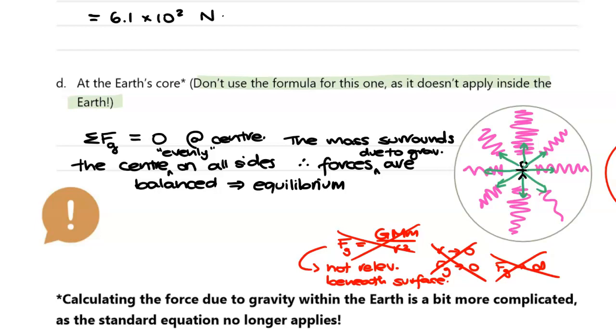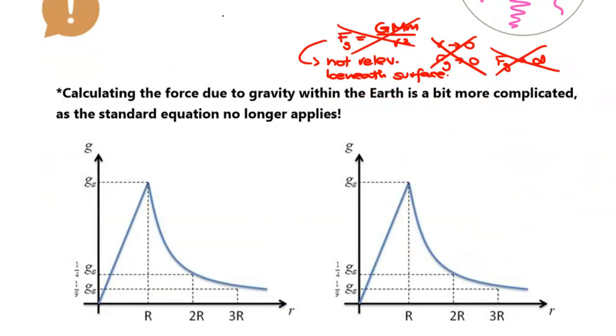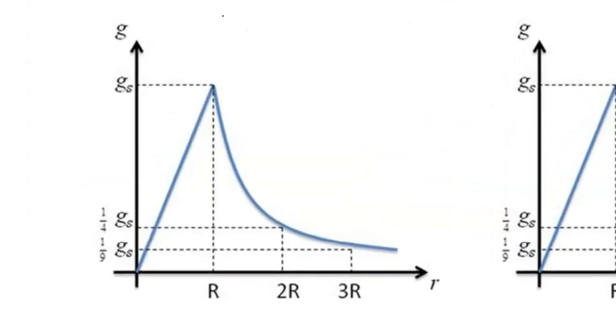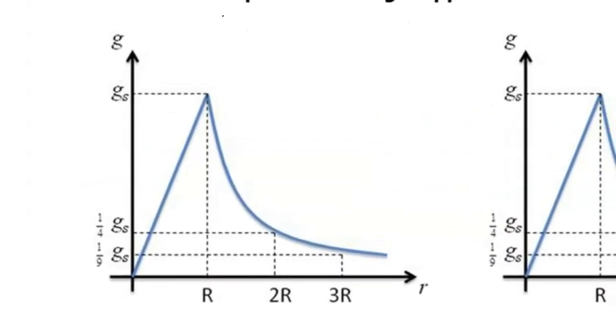Now, we don't actually talk about the actual maths behind it, but what's really interesting is the force due to gravity graph and the gravitational field strength graph gets linear. So let's break it down a little bit. Here we've got g, the gravitational field strength that we spoke about during our last lesson, and we've graphed it against r.